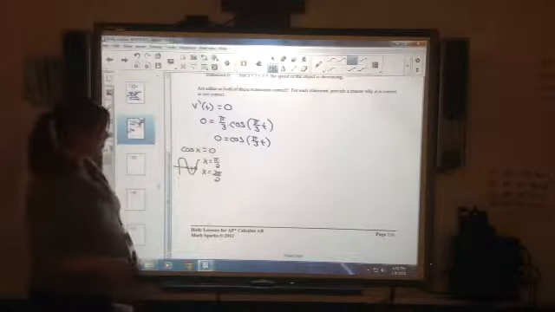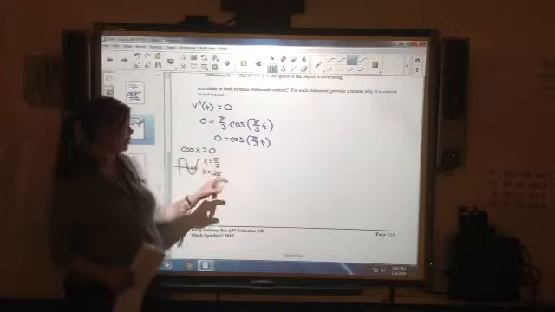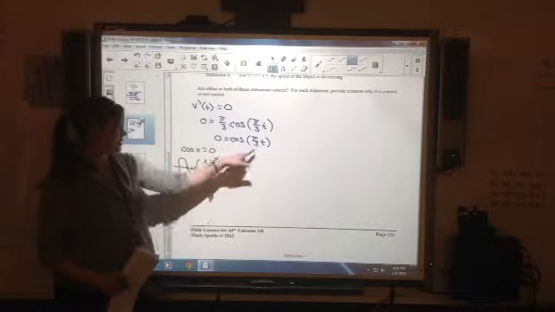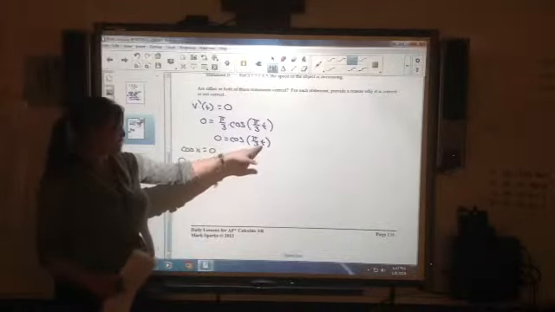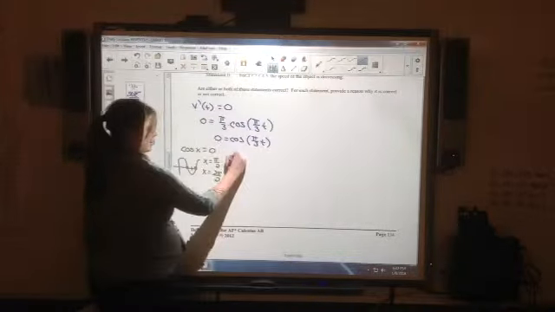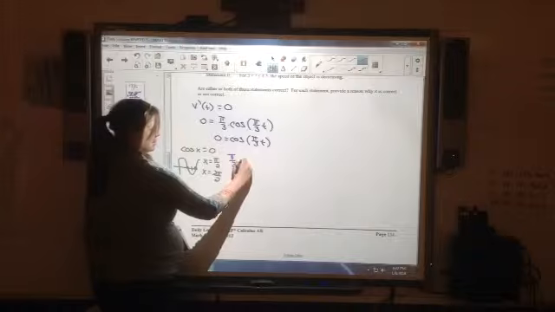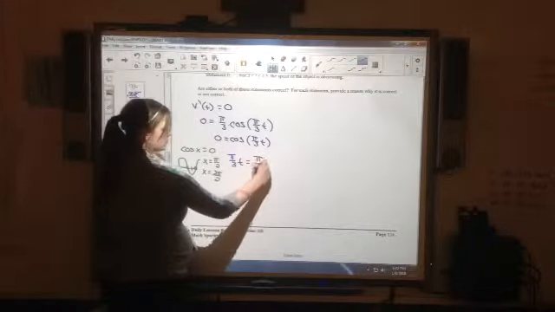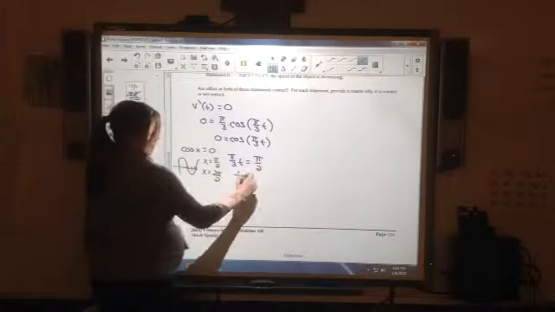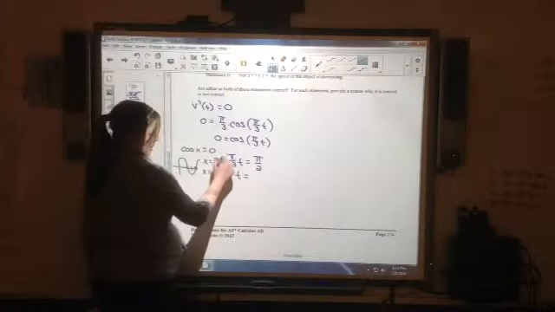But in this problem, I can't just say that t is pi over 2 and t is 3 pi over 2, because that's not what's happening. It's pi over 3 times t. So what I need to do is set pi over 3 t equal to pi over 2. I multiply both sides by 3 over pi.